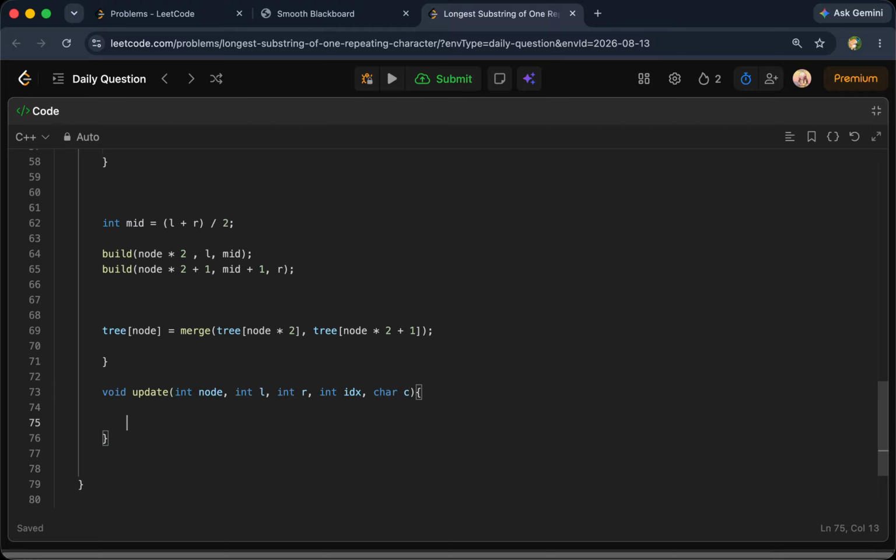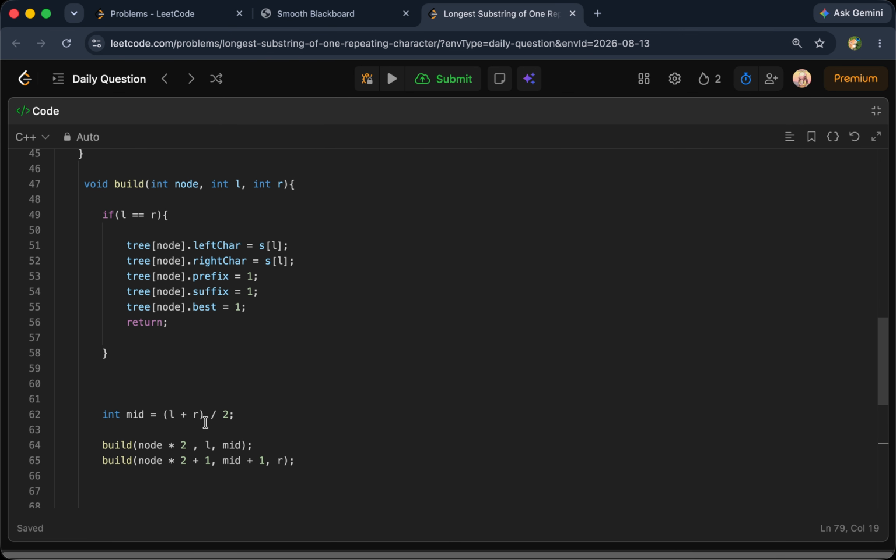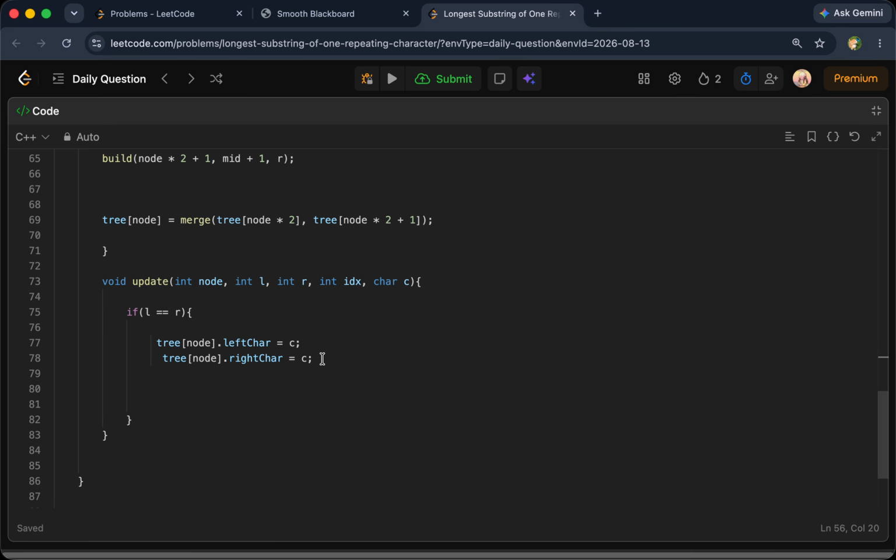So if left is equal to right, then we just do this: node dot character is c. Then prefix is one, suffix is one.